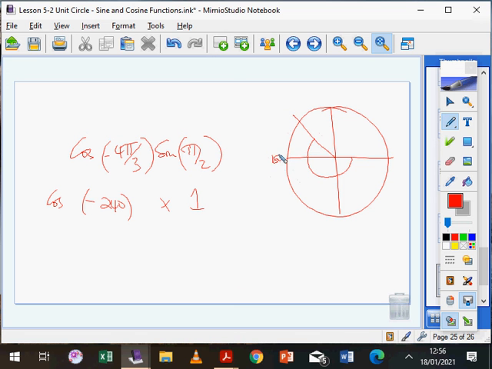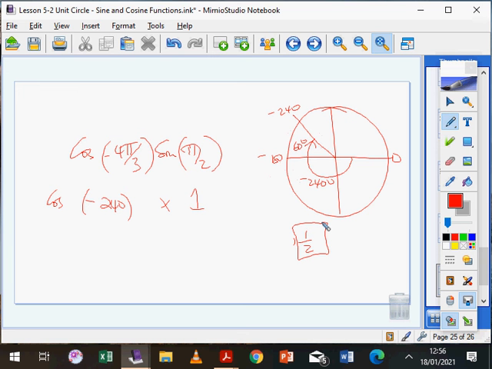So figure out the ratios for 60 degrees. The cosine of 60 is 1 out of 2. I hope you remember that from that portion of the unit circle that you were shown. But ask yourself, is that positive or negative in this quadrant?